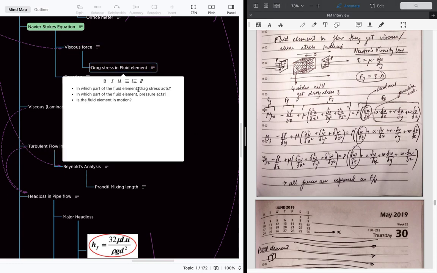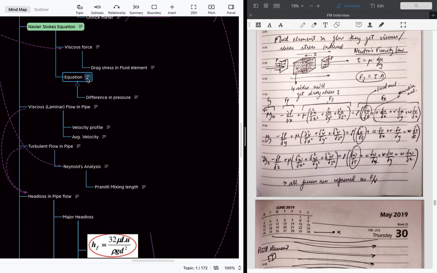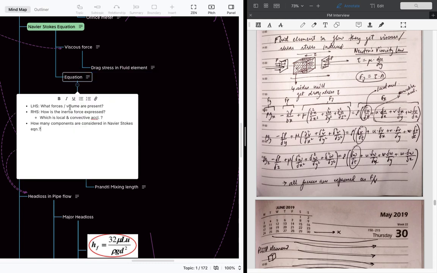In which part of the fluid element does drag stress act? In which part does pressure act? Is the fluid element in motion? Yes, obviously, and I have discussed these two equations earlier as well. Next is the equation LHS. What forces per volume are represented here? That is the gravitational force, pressure force, and the kinetic energy force.